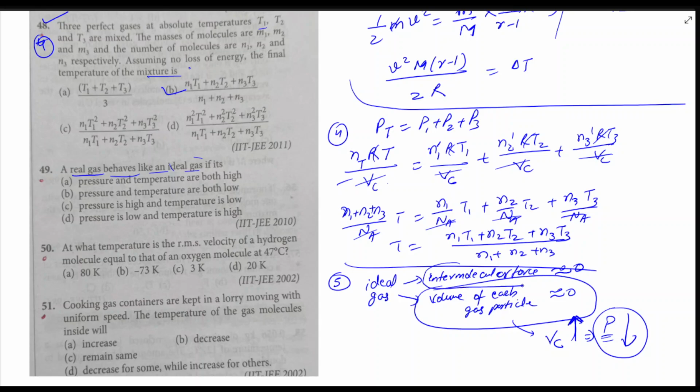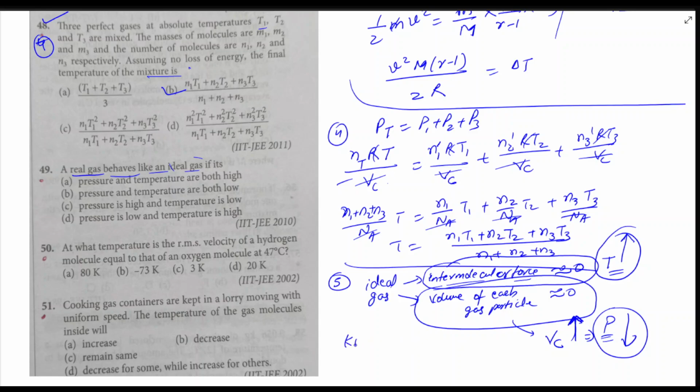And why do we need the molecules to be really far apart? So that their intermolecular forces will decrease, right? Will be minimized. And how will that happen? If you increase the temperature so much that they almost have only kinetic energy and their potential energy, or intermolecular forces, is negligible.